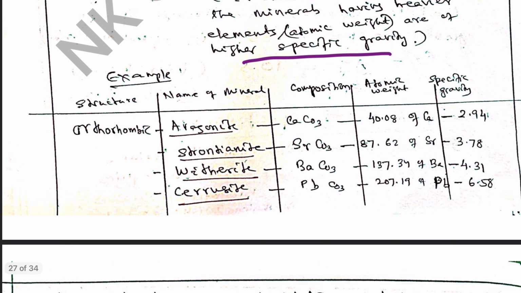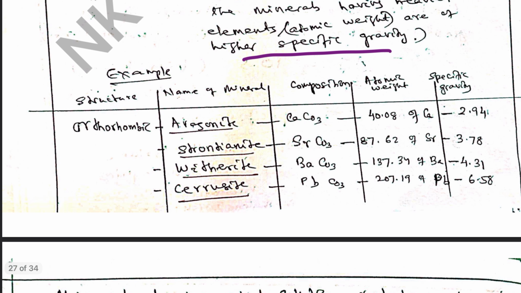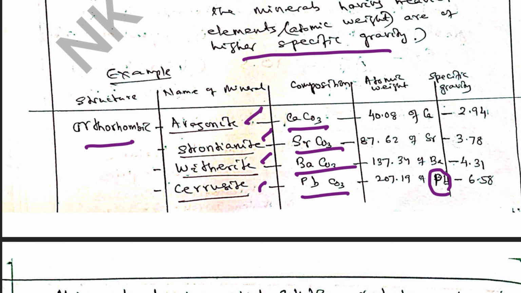So, let us see this example. Structure is orthorhombic. We have aragonite, strontianite, witherite and cerussite. All have the same structure, but their composition is different: calcium carbonate, strontium carbonate, barium carbonate, Pb carbonate. Pb has higher atomic weight, calcium has lower atomic weight.